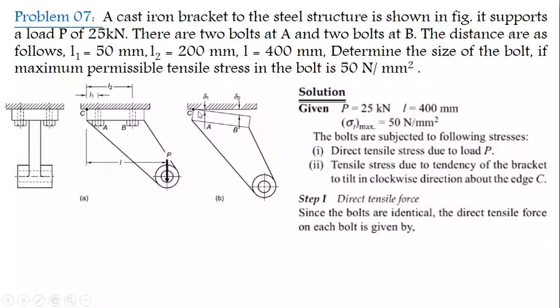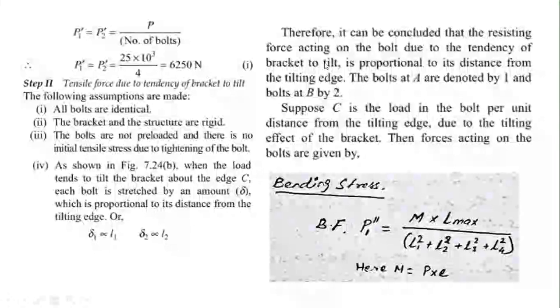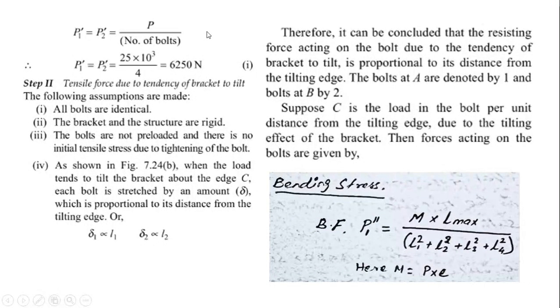That means displacement is directly proportional to L1 or L2. Therefore, it can be concluded that the resisting force acting on the bolt due to the tendency of the bracket to tilt is proportional to its distance from the tilting edge.